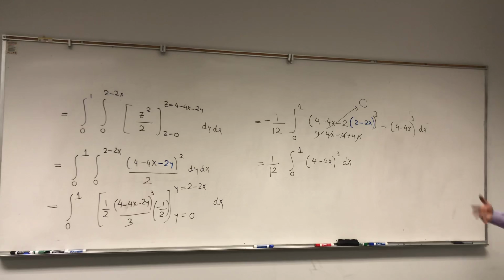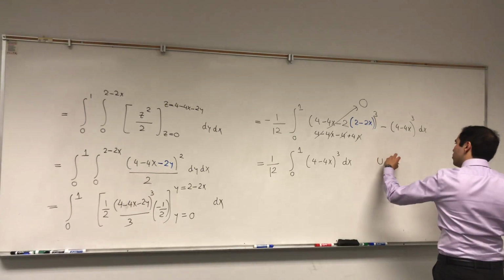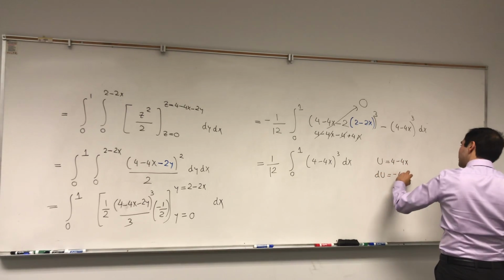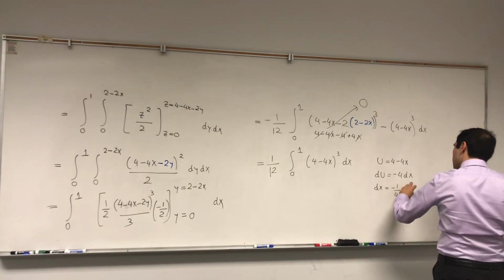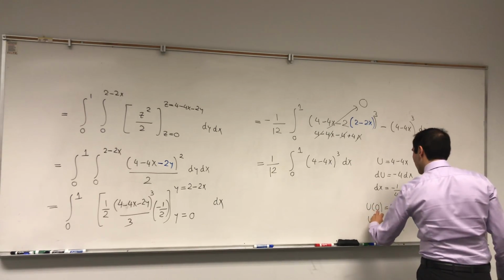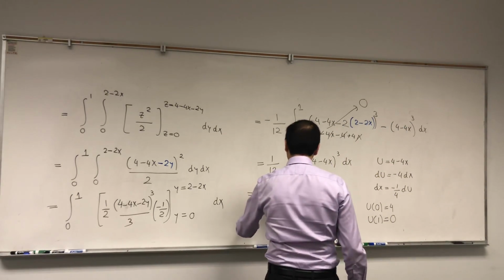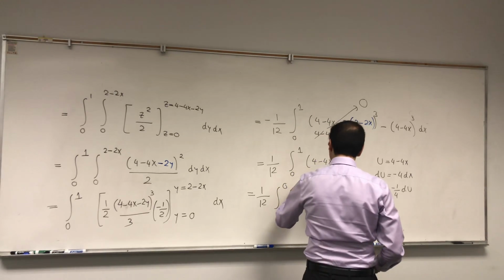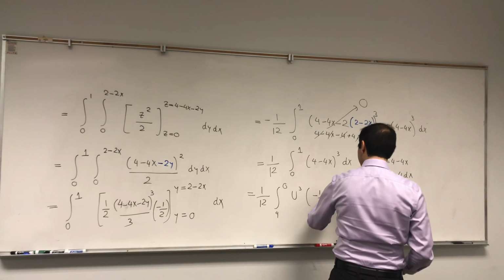And then if you want to simplify, let's use a u substitution. So u equals 4 minus 4x. du is minus 4 dx. So dx is minus 1/4 du. Also u of 0 equals 4, and u of 1 equals 0. And then what we get is 1/12 integral from 4 to 0 of u cubed, and then dx, which is minus 1/4 du.